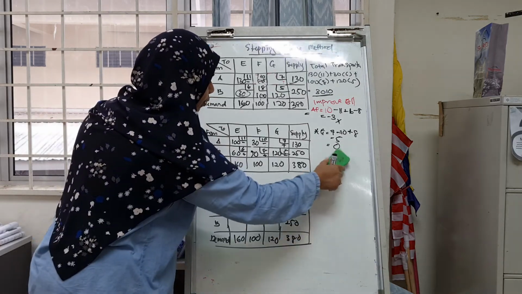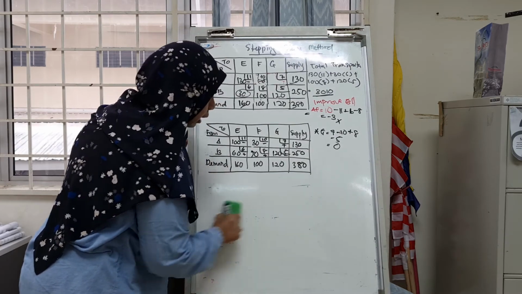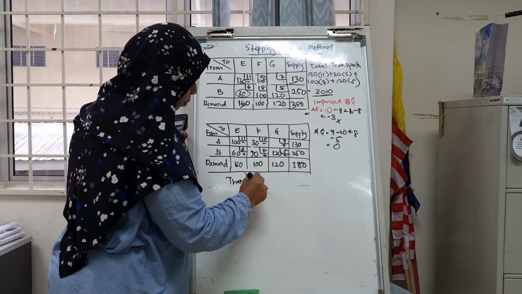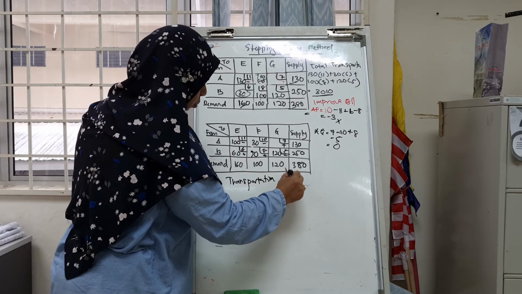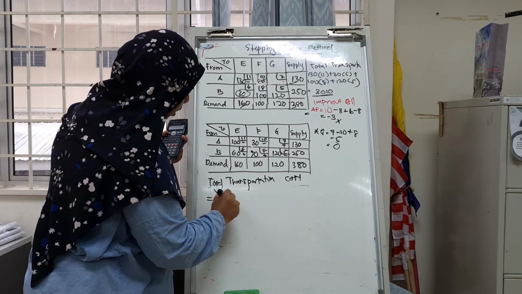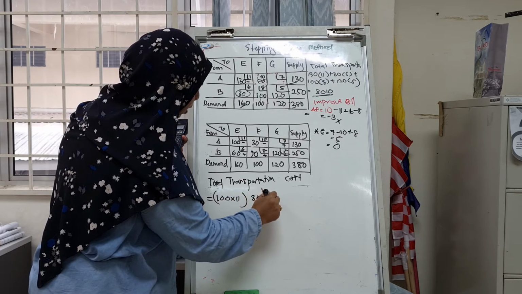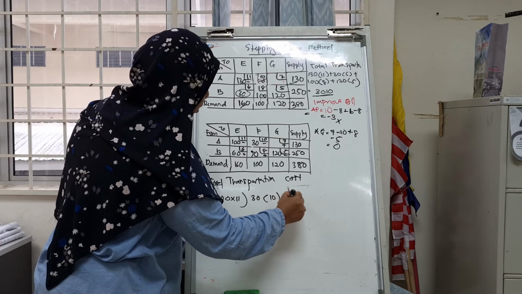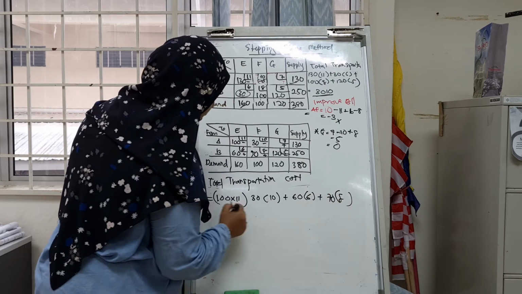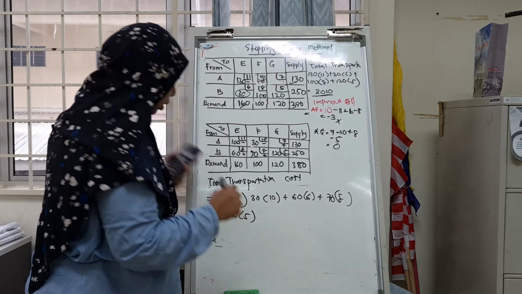When we see we already have 0 here, now you have to calculate the total transportation cost. So the same: 100 times 11, 30 times 10, plus 60 times 6, plus 70 times 8, and plus 120 times 5.